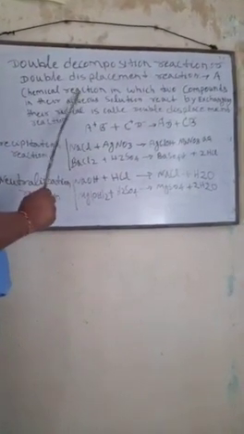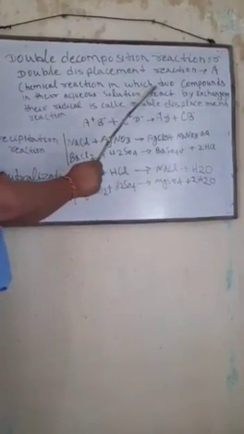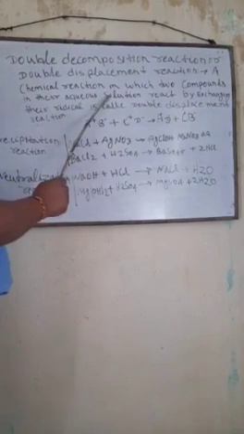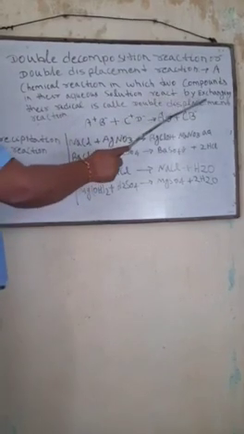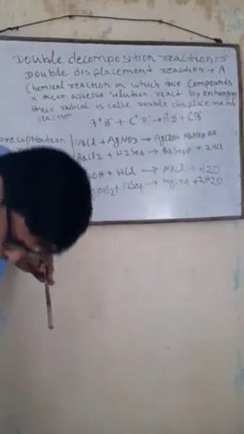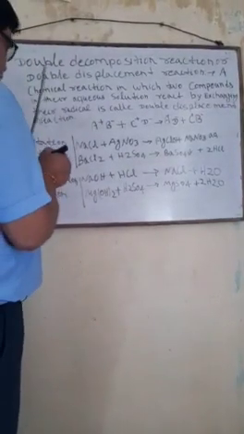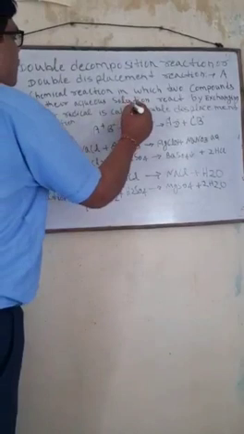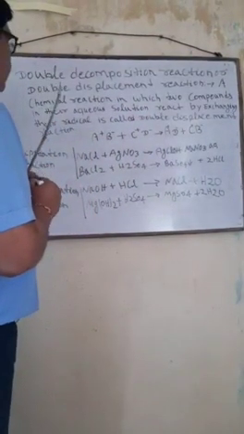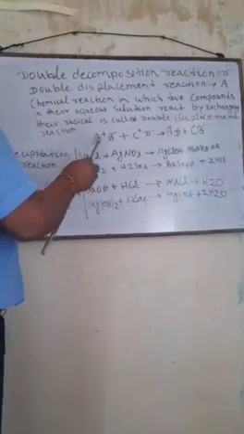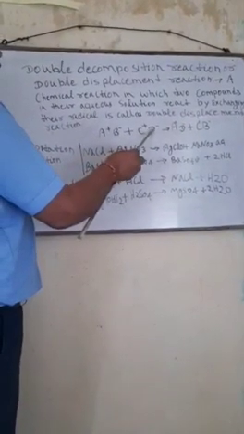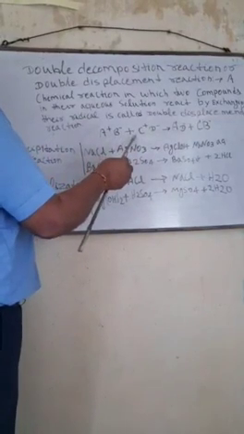Next reaction is double decomposition reaction or double displacement reaction. A chemical reaction in which two compounds in their aqueous solution react by exchanging their radicals is called a double displacement reaction. A+B- plus C+D-: here they exchange their ions.